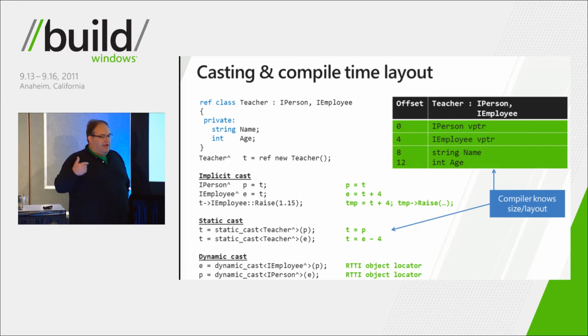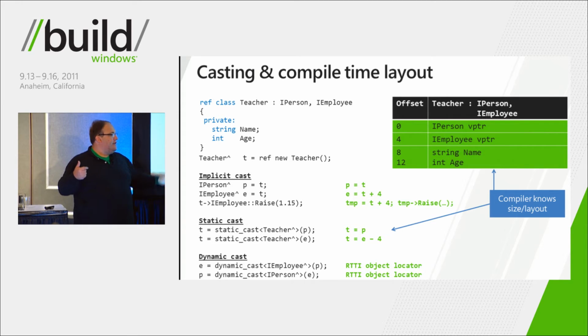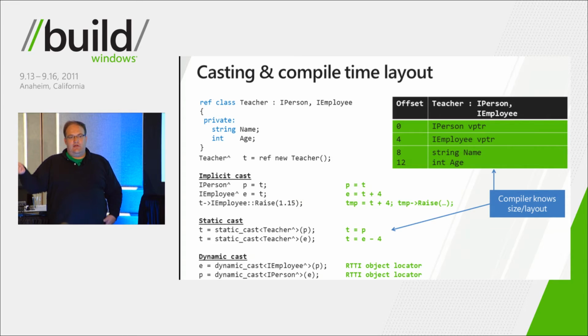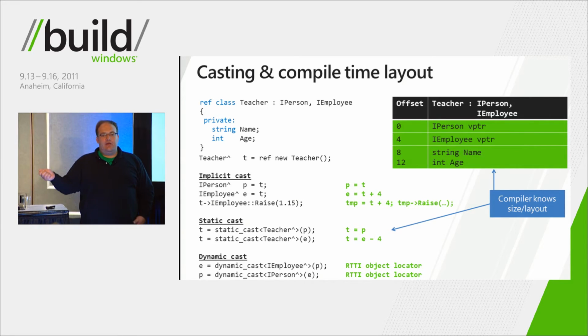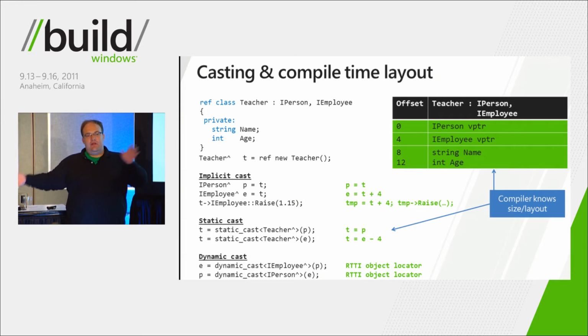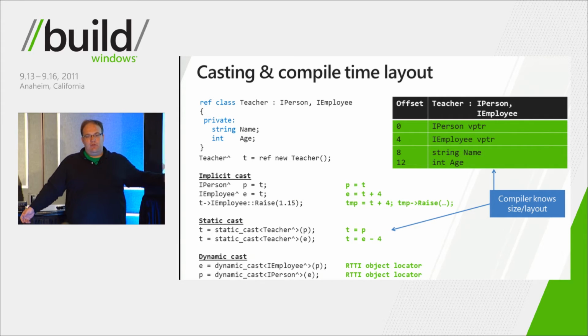Now the last thing is dynamic casting. If you have 2 classes inside your class hierarchy, but statically they know nothing about each other. iPerson and iEmployee don't know that they're implemented on teacher, or that they could be implemented on some other object, or that they're implemented in a different order on the teacher object.